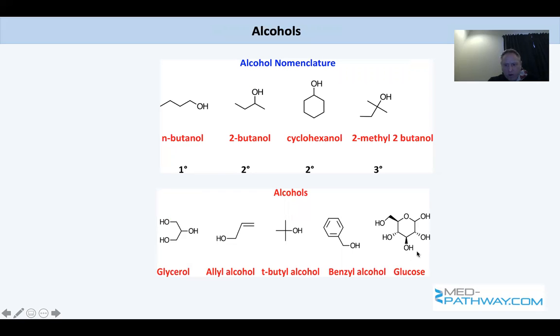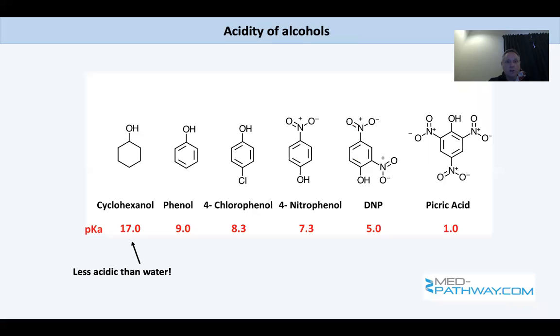Over here, we have glucose. Glucose is an alcohol. We can also appreciate that when we add OH groups to molecules, we make them more soluble. In fact, this is a major mechanism by which the liver detoxifies drugs: cytochrome P450 enzymes add OH groups onto compounds so you can get rid of them in the urine more easily.